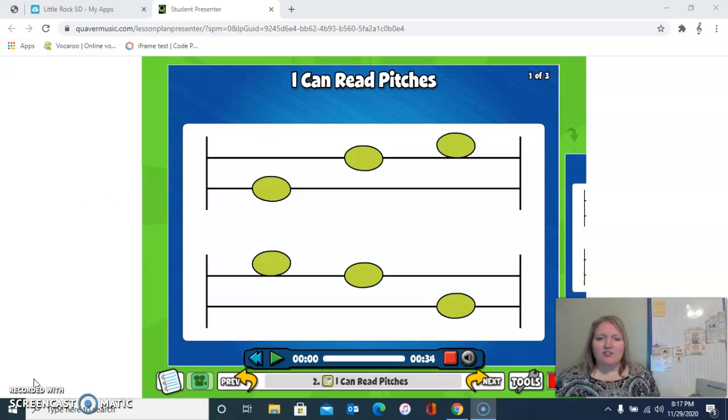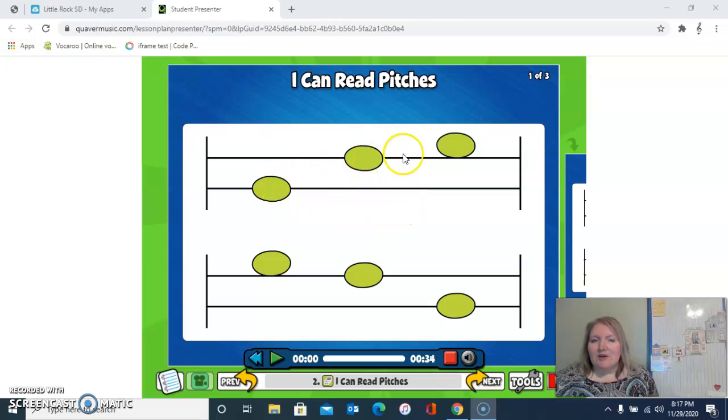So let's first look here on the screen. Right here, we're going to call this so. If so is on a line, me is on the line below it. So anything on a line, if we call this so, the line immediately below it, no matter which line you are on, is going to be me.